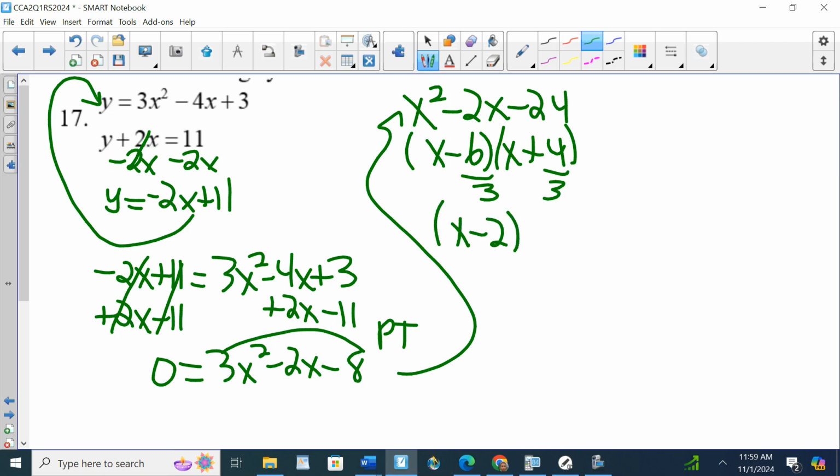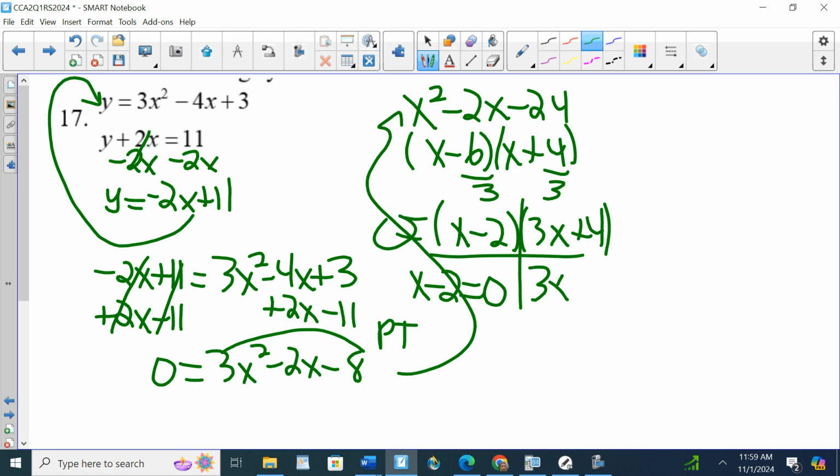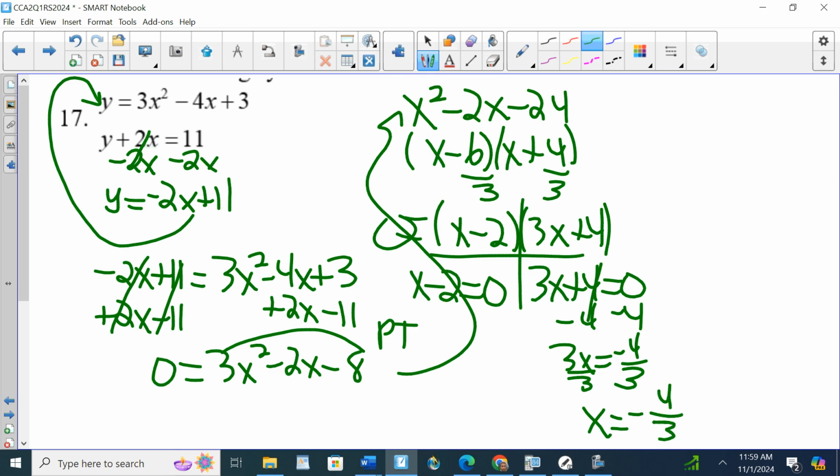X minus 2, 3x plus 4 equals 0. Set each factor equal to 0. X minus 2 equals 0. 3x plus 4 equals 0. I solve each of them. X equals negative 4/3, x equals 2.